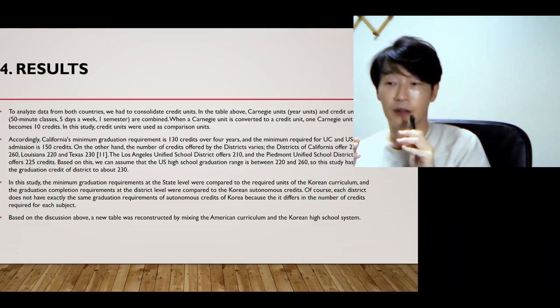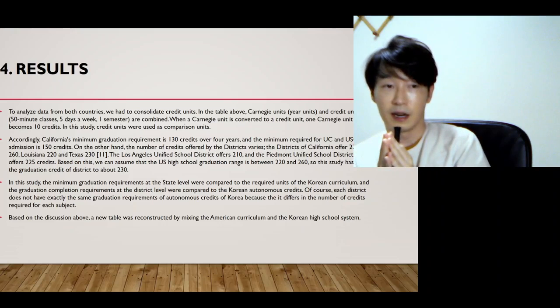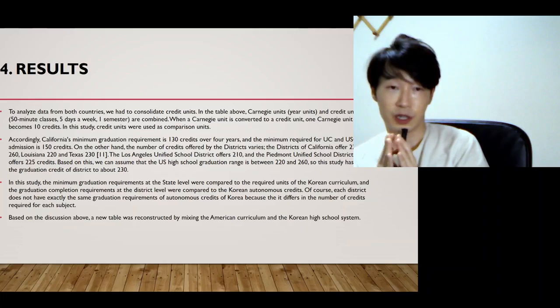To analyze this data was not easy. So this is the procedure of analyzing data. Firstly, both countries use different units, so I needed to consolidate the credit units. Especially in America, they use the Carnegie unit.